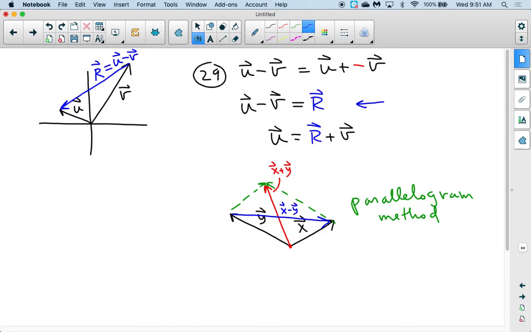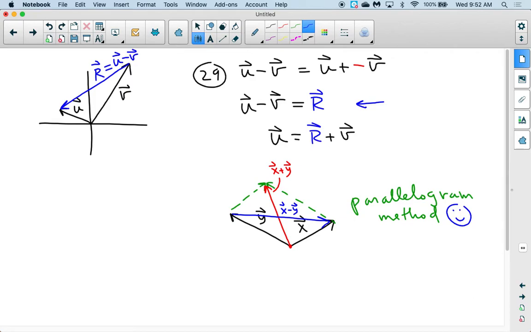Notice, this is what makes the parallelogram method so cool: along the diagonal from the common initial point to the opposite vertex, that gives the sum. And it's the other diagonal that forms the difference of the two vectors.